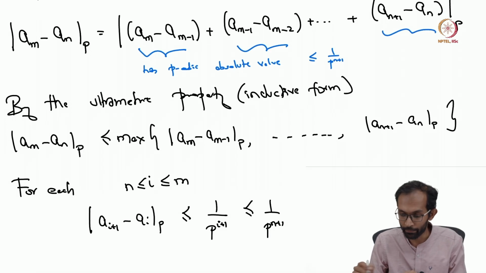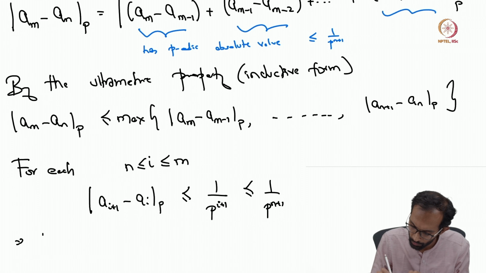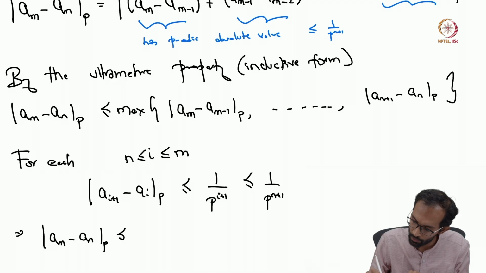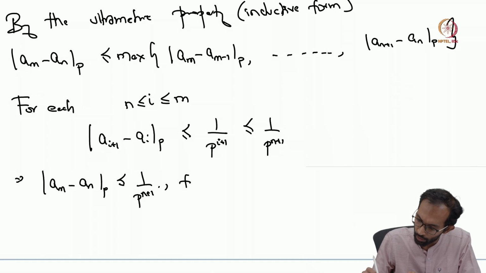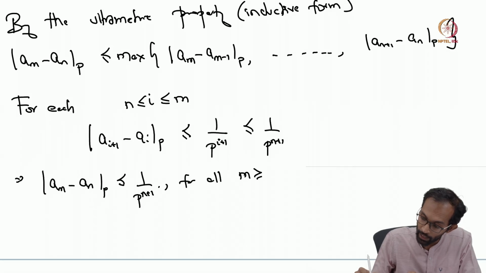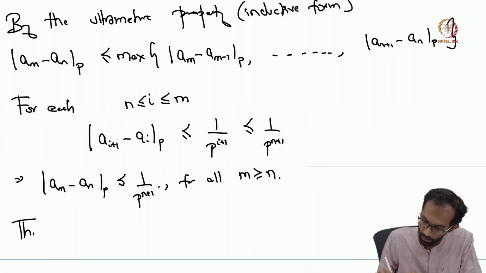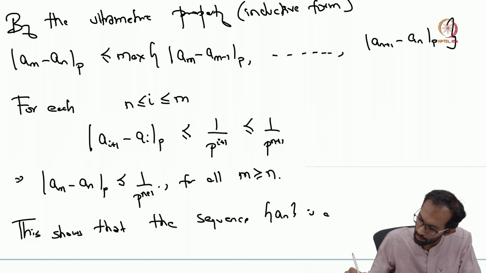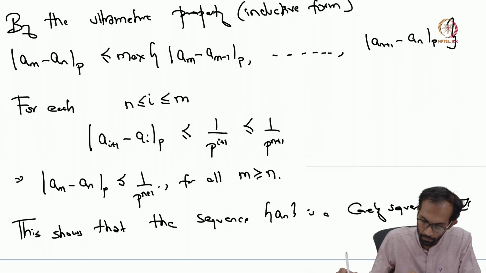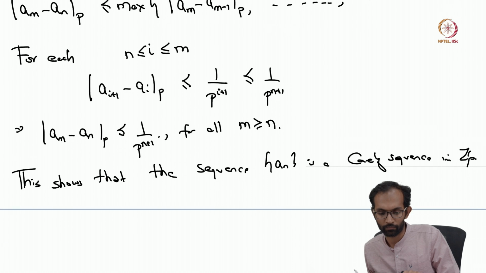And so again, by the ultrametric property, we have that am minus an in p-adic absolute value is less than or equal to 1 over p raised to n plus 1. And this is true for all m larger than or equal to n. And so this shows that the sequence an is a Cauchy sequence in Zp.